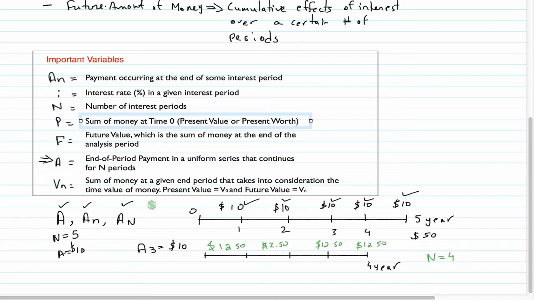So when N equals 0, what is the amount of cash you have? What is your present value? So that's what P is.